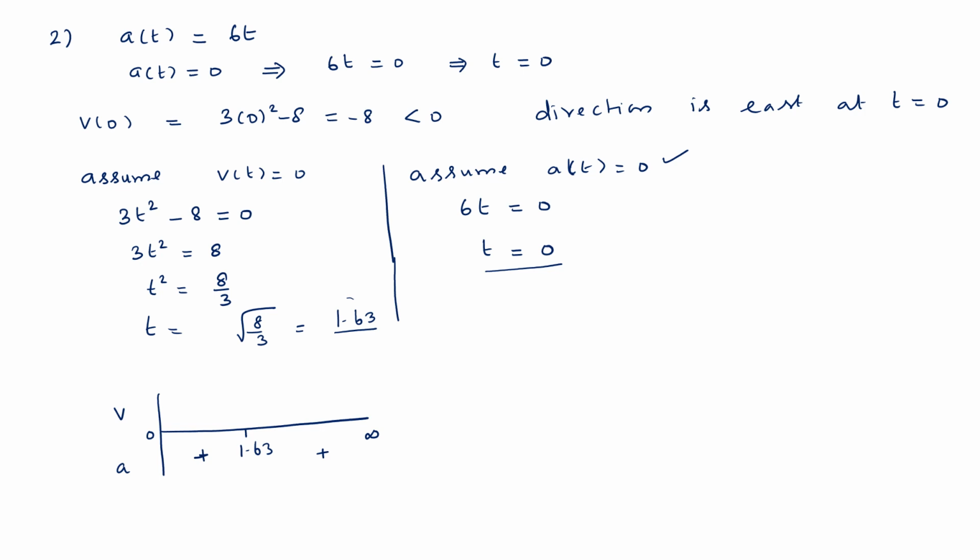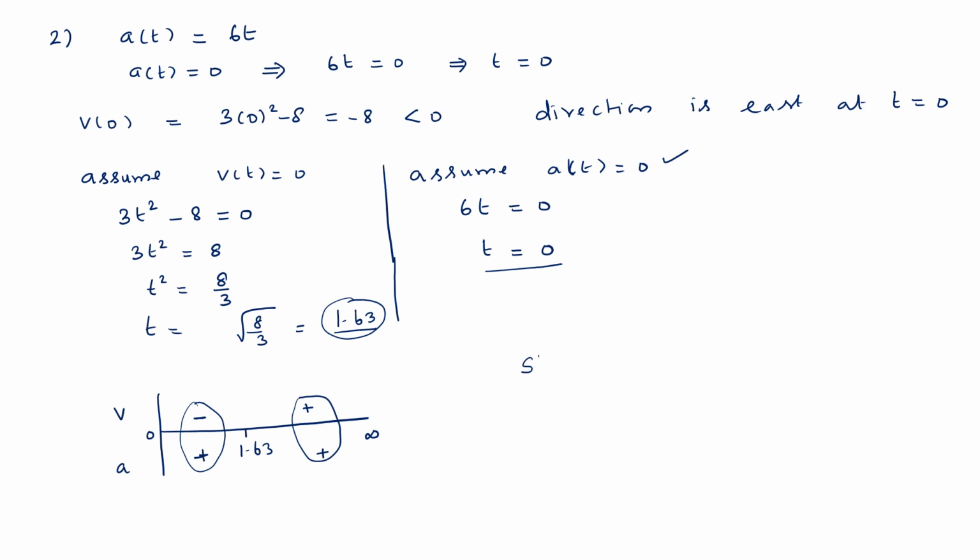And here t equal to 1.63. So less than 1.63, V of t is negative. 1.63 is here, less than 1.63 negative, more than 1.63 positive. So in this interval, you have to see different sign, and in this interval we are having same sign.